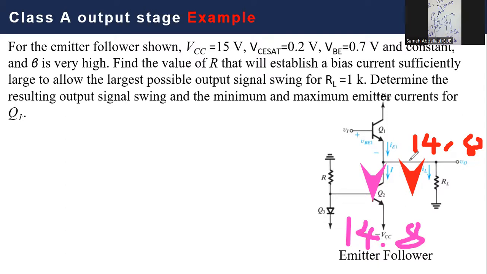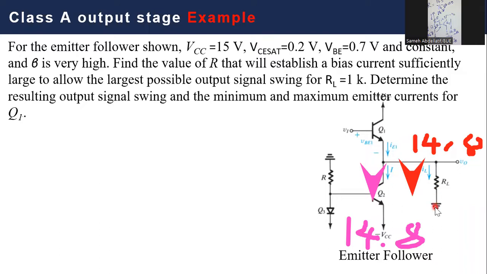By a very simple KCL, you can see that the current flowing in Q1 is simply the summation of these two currents. Let's now open our laser. This current reaches this point and then it's branching.